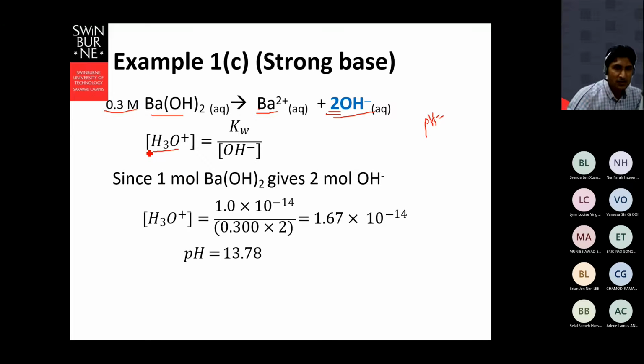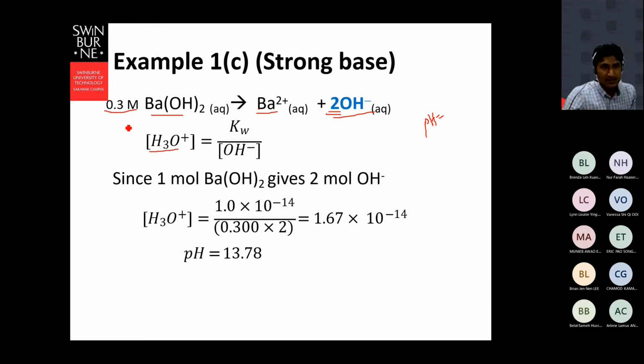Now we have to find the concentration of hydroxyl ion. Barium hydroxide is a strong base as well. Sodium hydroxide, potassium hydroxide, barium hydroxide, they are strong bases, so they will also dissociate fully.